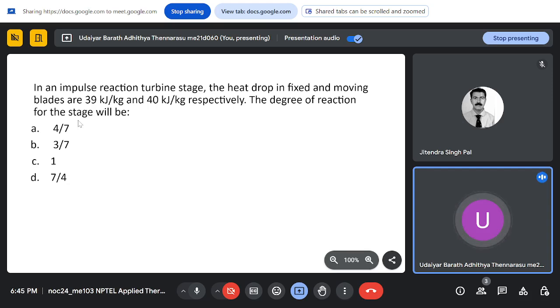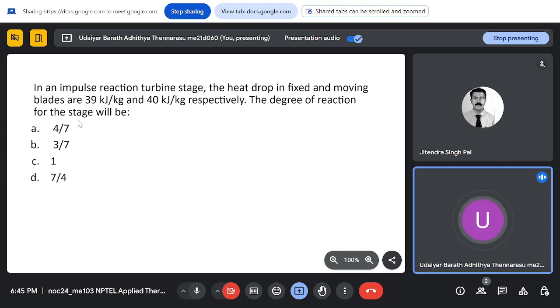So next is, in a reaction turbine, the heat drop in fixed and moving blades are 39 kilojoule per kg and 40 kilojoule per kg respectively. The degree of reaction for the stage will be, so this is easier.